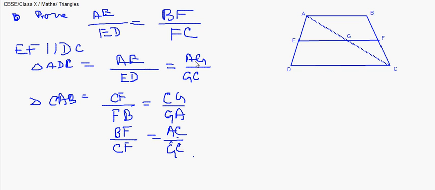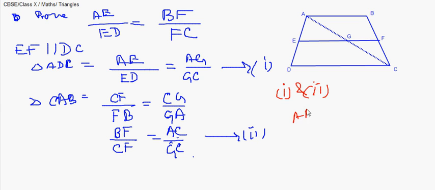Now we got AG by GC even in the first equation. If I name this as 1 and this 2, the right hand sides are both equal, so I'm getting AE by ED equals to BF by CF, or that can be written as FC. So from equation 1 and 2 we get AE by ED equals BF by FC.